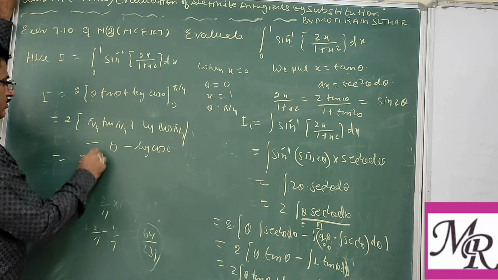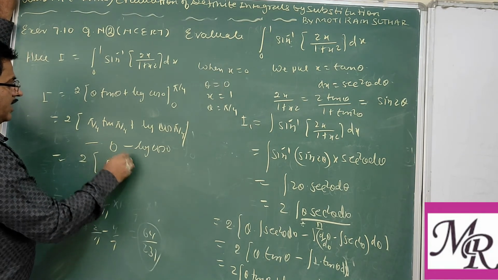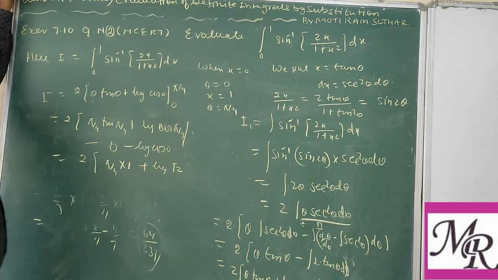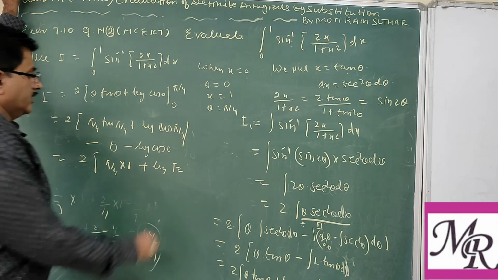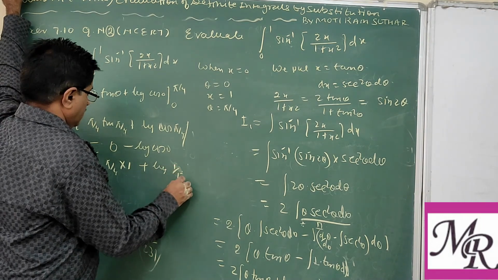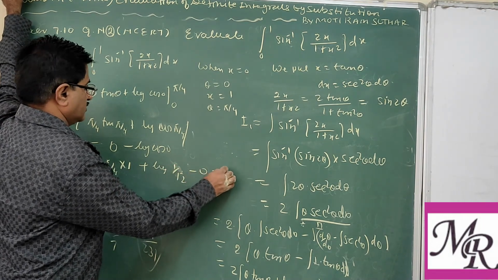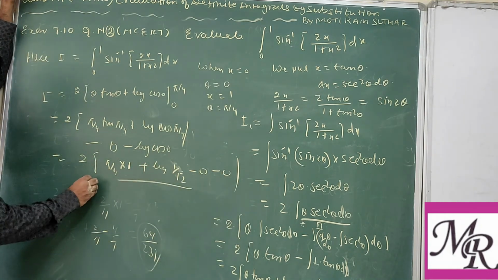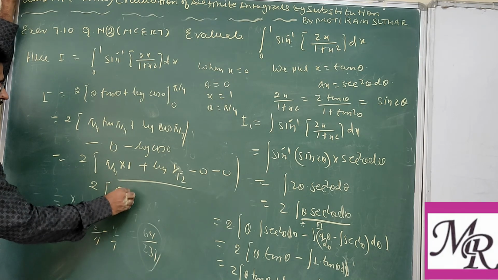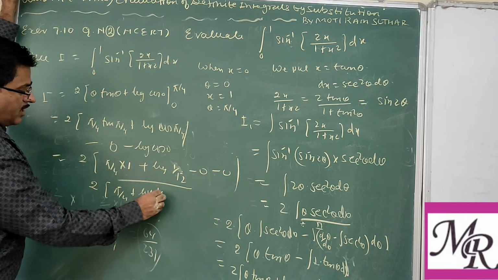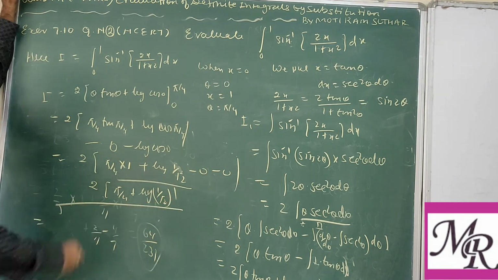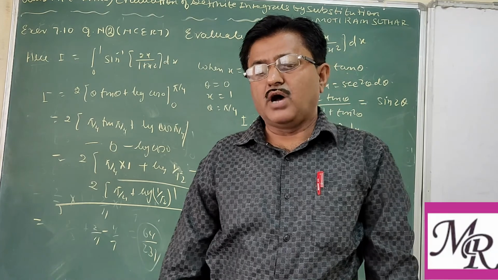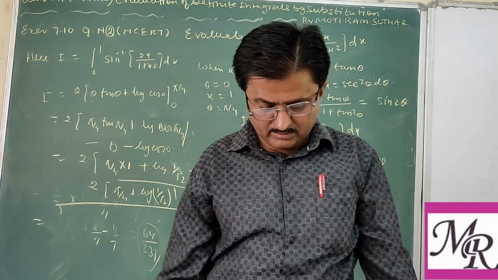So this is 2 into pi by 4, the value of tan pi by 4 is 1, log of cos pi by 4, that is 1 by root 2, and then minus 0, this is also 0, since cos 0 is 1, log 1 is 0. So finally you get this value: 2 into pi by 4 plus log of 1 by root 2. Clear? So in this way you can find the values of the definite integral by using the substitution method.